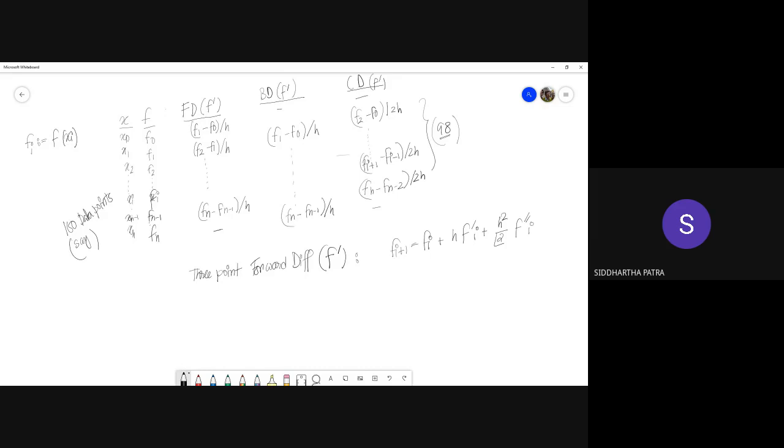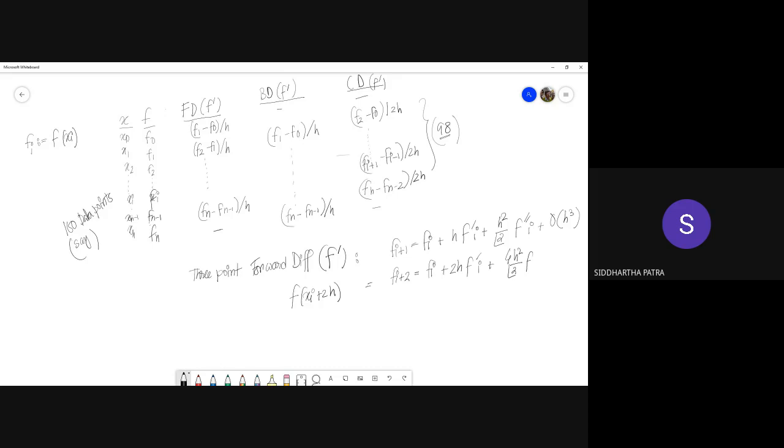And then order h cube. f i plus 2 is fi plus twice h f prime i plus 4 h squared divided by 2 factorial, because essentially this is f of xi plus twice h.